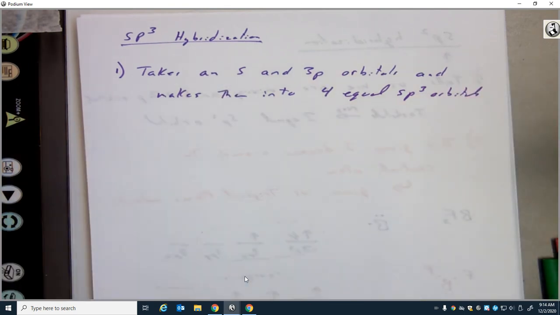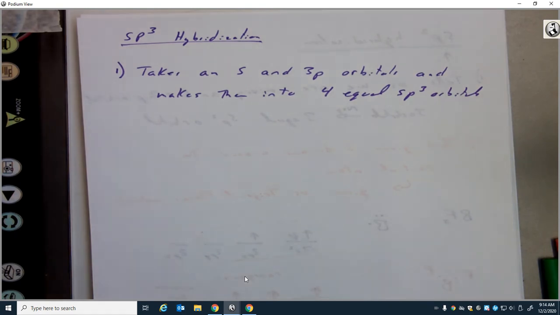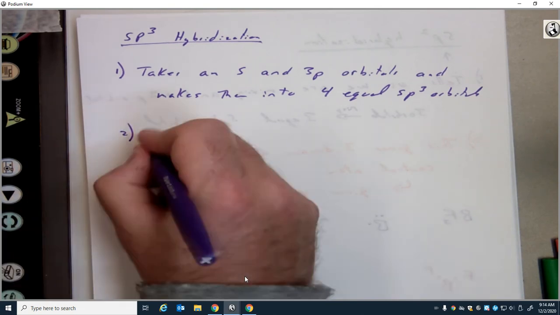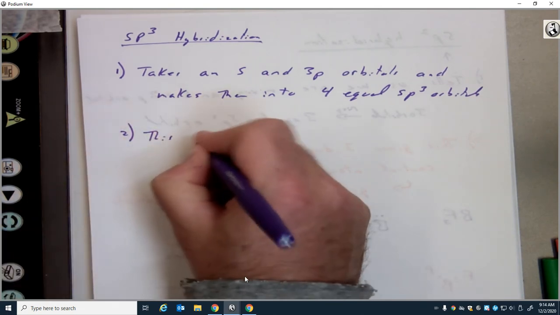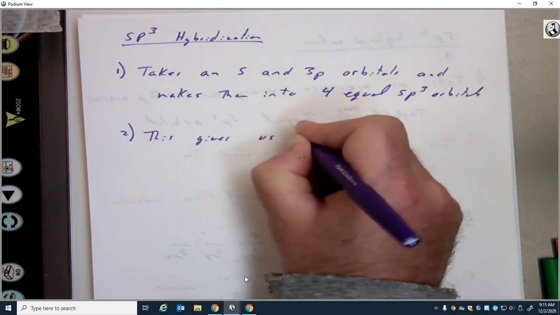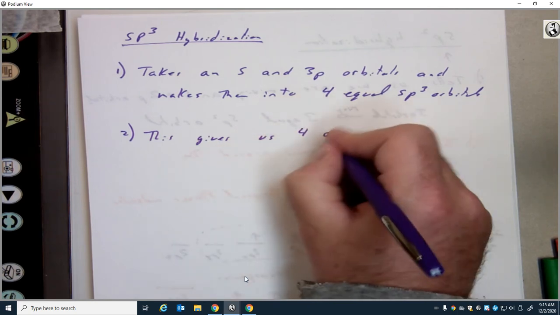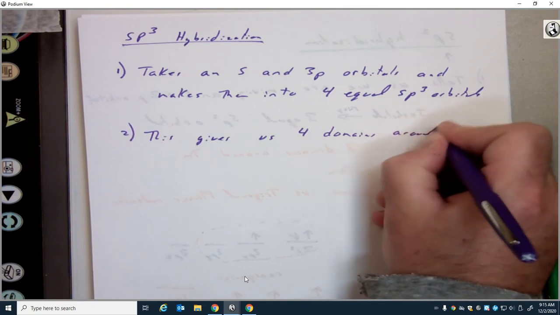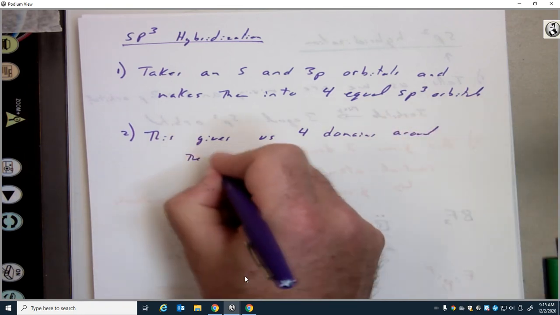Okay, so it takes an S and the 3 p orbitals and makes them into 4 equal sp3 orbitals. So this is going to give us 4 domains around the central atom.